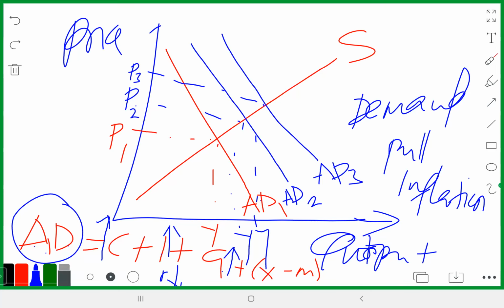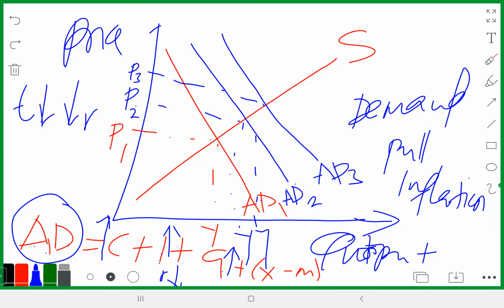Then there will be a shift, especially a rightward shift. If you reduce the interest rates, investments will increase. Once investments increase, aggregate demand will increase as well.